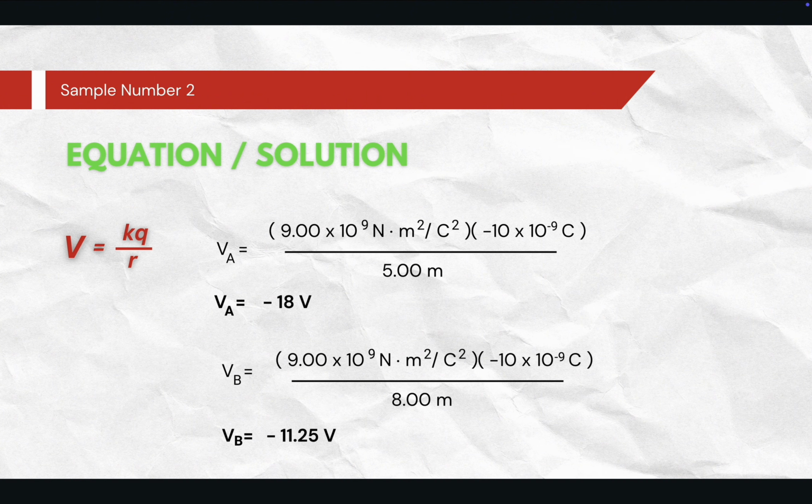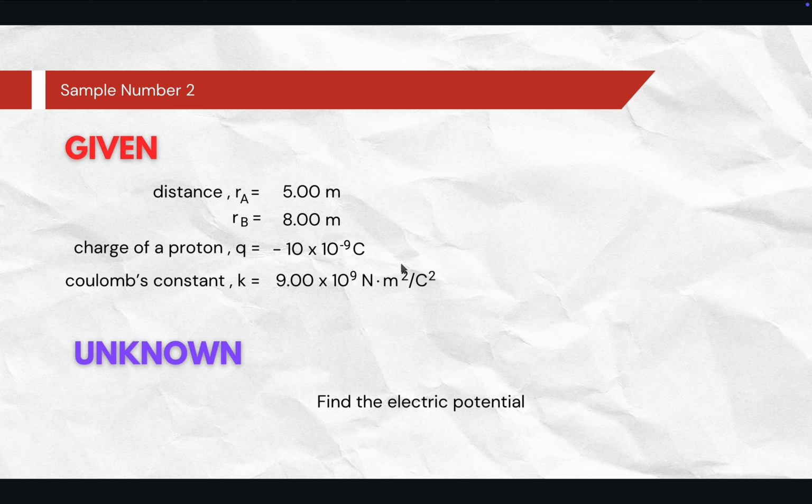Ang equation na gagamitin natin is yung ginamit lang natin sa sample number 1 kanina, and then substitute lang natin. Coulomb constant times yung charge over distance. Ang sagot ng point A is negative 18 V, kasi 5.00 meters yung point A natin kanina, yung given natin.